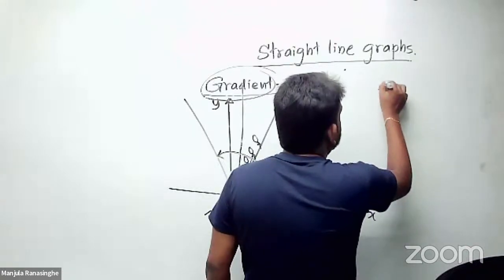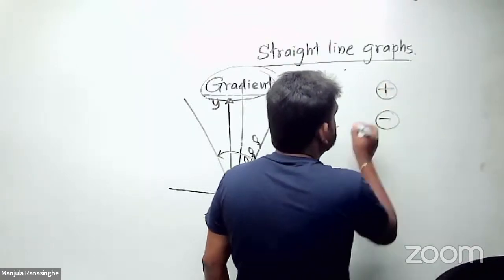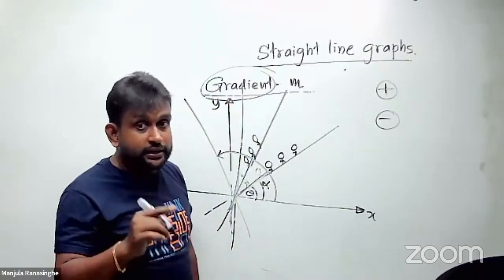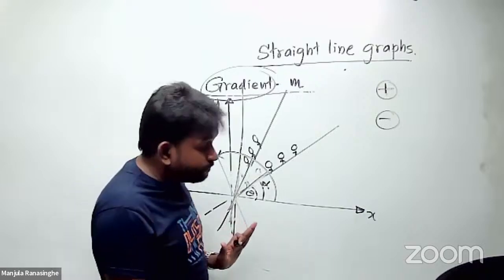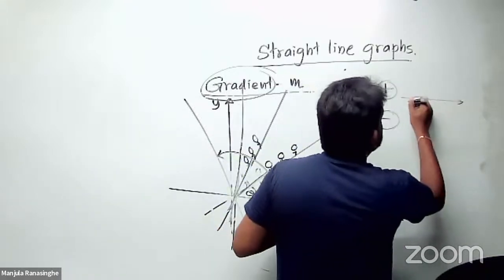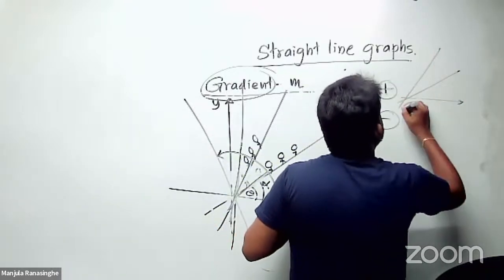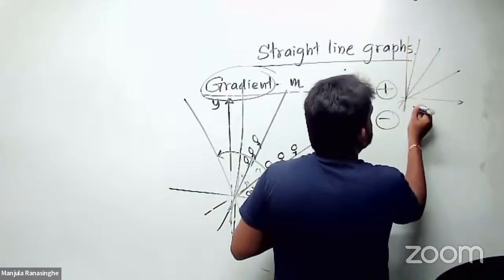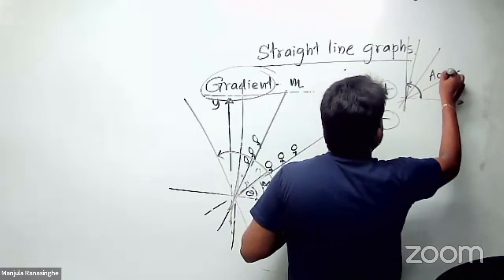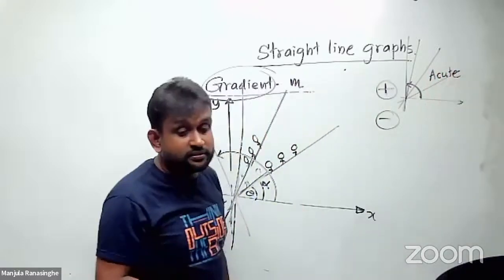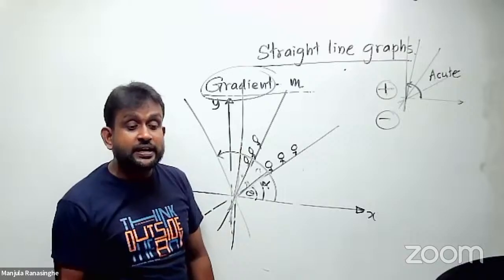Now you know what is positive gradient and negative gradient. So the gradient's positive and negative signs are clearly identified. Up to 90 degrees, the acute angles, here the theta acute angle, if the gradient is positive it creates an acute angle with the x-axis.